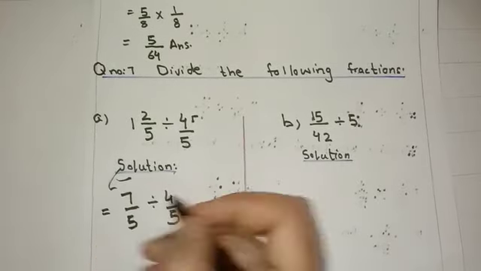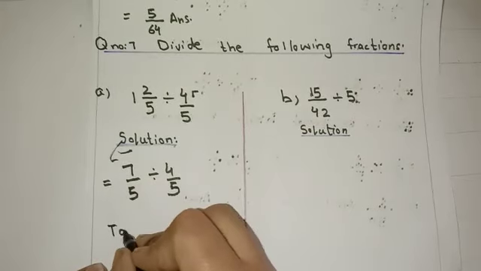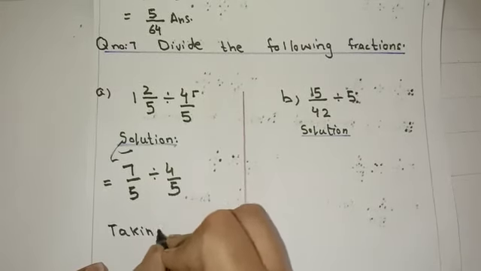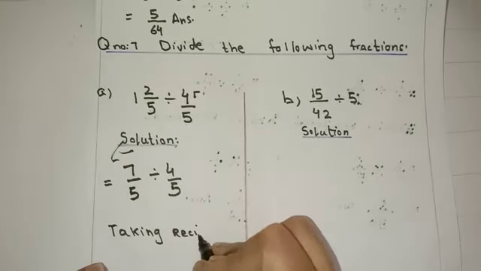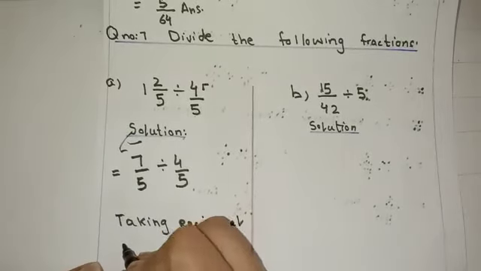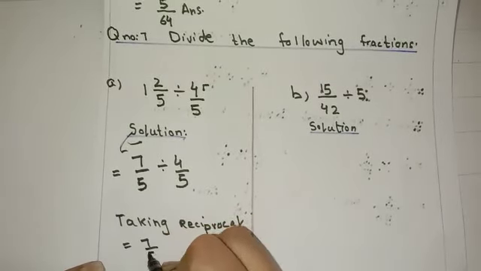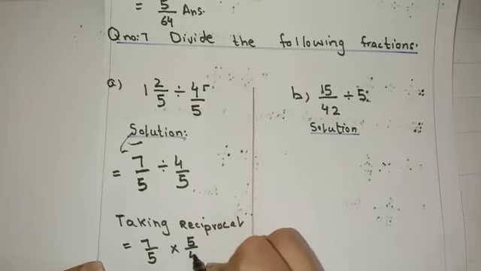Now taking reciprocal, it will become 7 over 5 multiplied by 5 over 4.